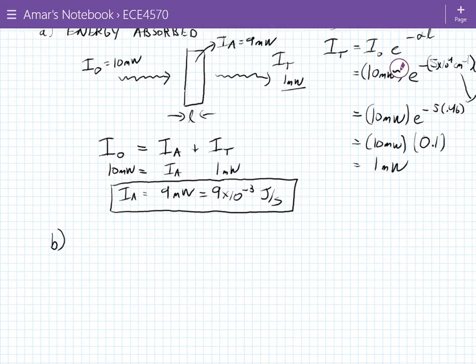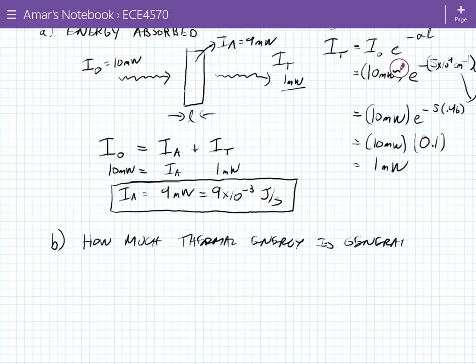So this question is asking how much thermal energy is generated in the material. And it's asking in terms of joules per second.